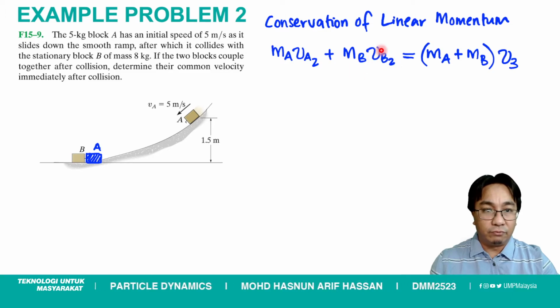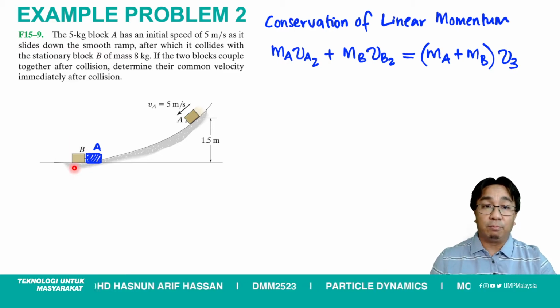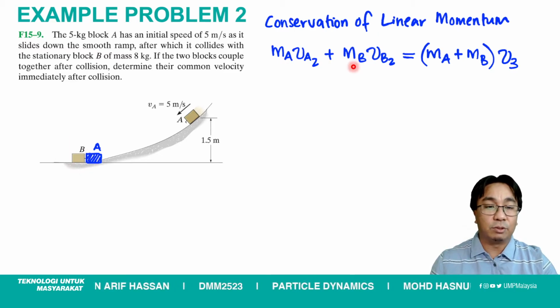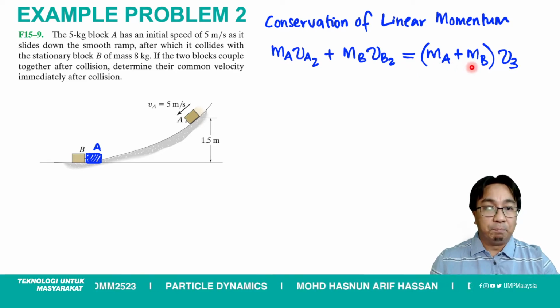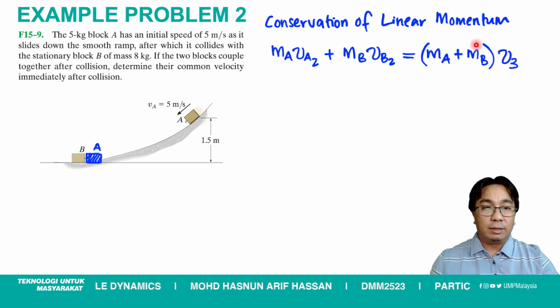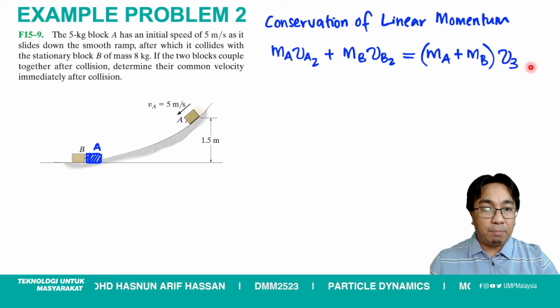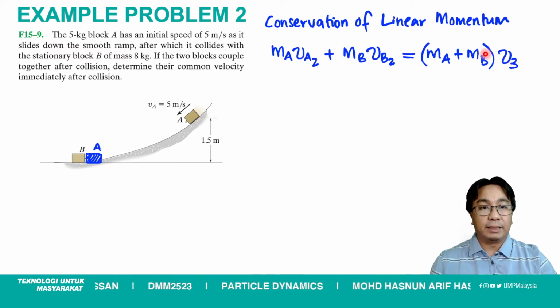And if you notice, VB2 is equal to 0 because block B is initially not moving, so this part is basically 0. It is equal to (MA plus MB) because they are moving together. So now we have to sum the mass of both blocks and multiply it with V3. So this will be their final momentum.